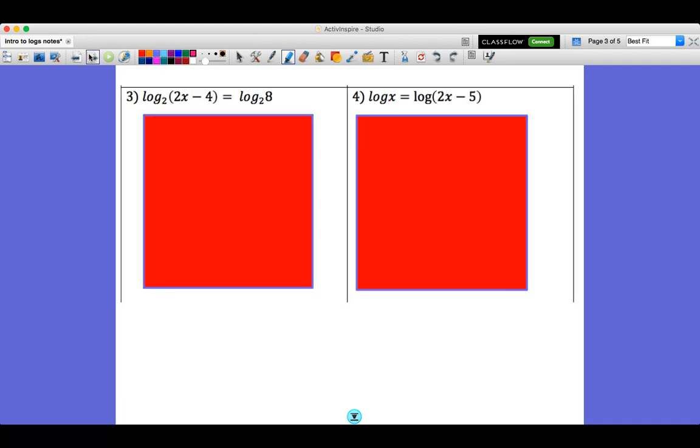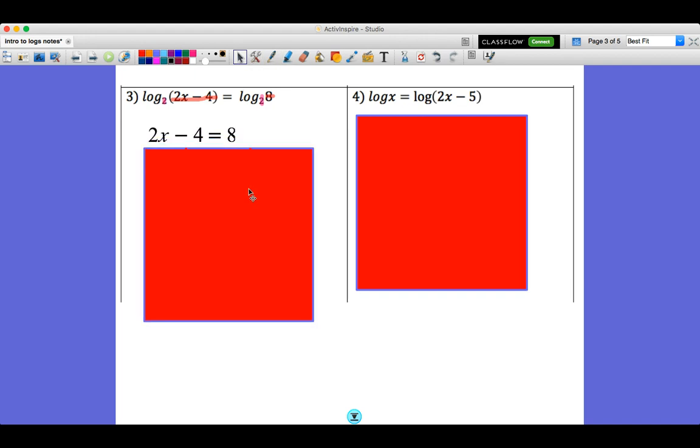Number 3 and 4 are similar to 1 and 2, but they get a little bit more complicated, a couple more steps. First thing we check for number 3, log base 2 of 2x minus 4 is equal to log base 2 of 8. Both of our bases are 2. So we can set the 2x minus 4 here equal to 8, and that'll be our equation to solve for number 3.